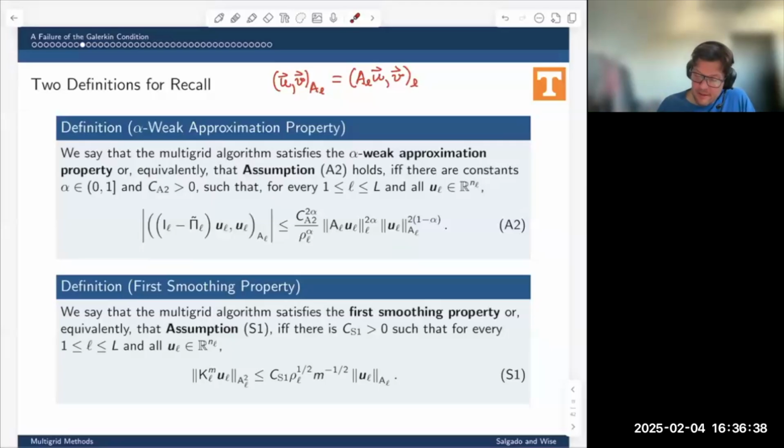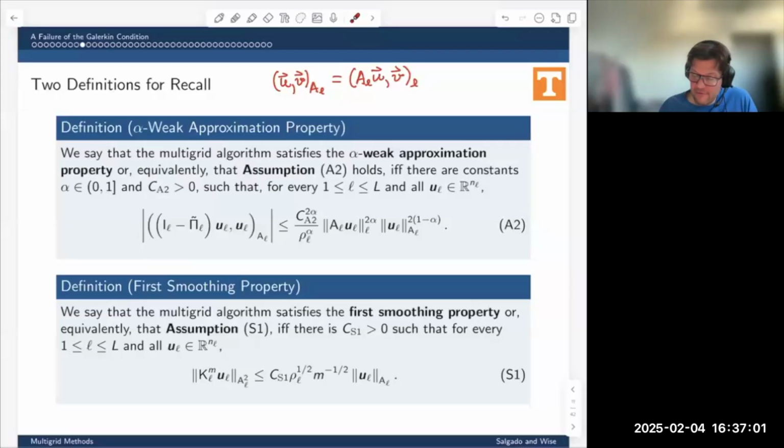Now, in the case where alpha is equal to 1, this term does not appear. This term appears as a square, and this term appears as a power 1. So this becomes a new and different property whenever alpha is strictly less than 1. A common case for us is going to be alpha equals a half.